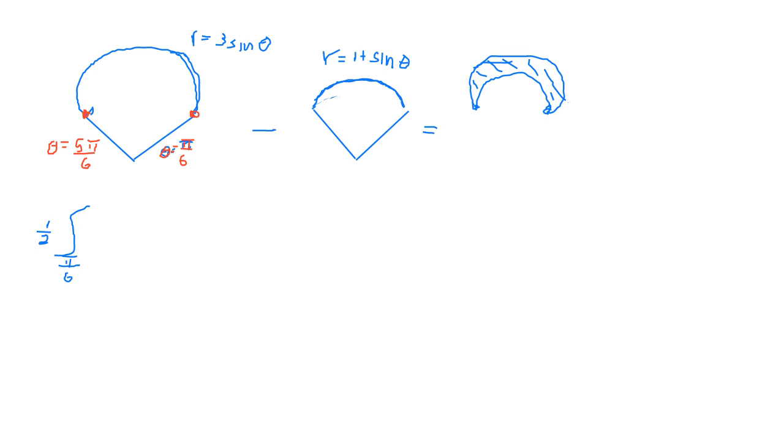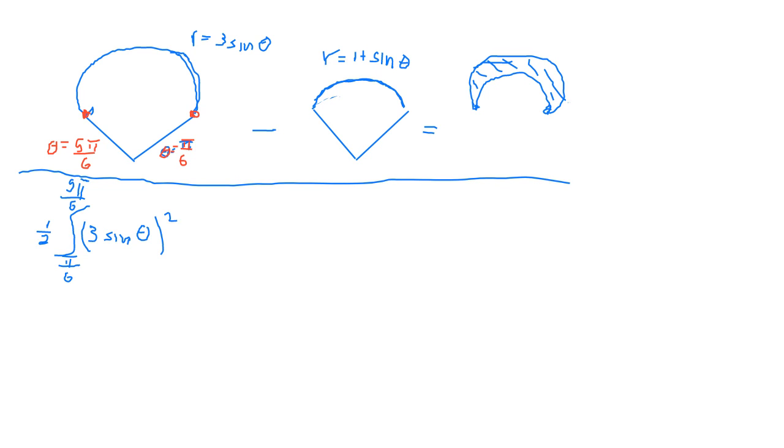The first integral, this is example 2 we were covering, goes from pi over 6 to 5 pi over 6 of 3 times sine of theta, squared, d theta.